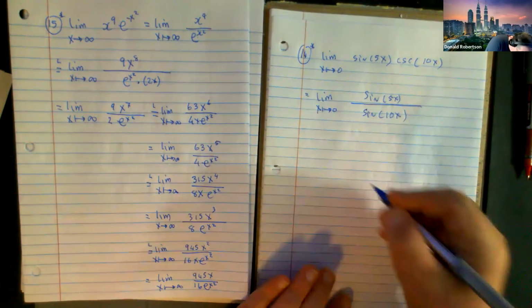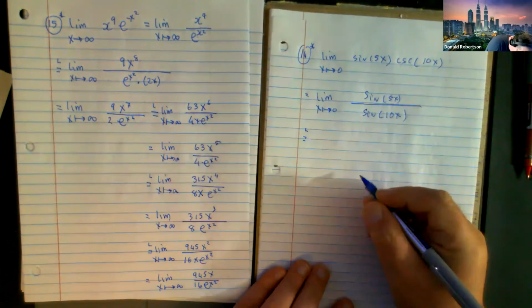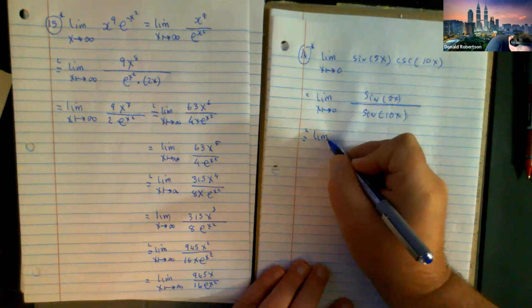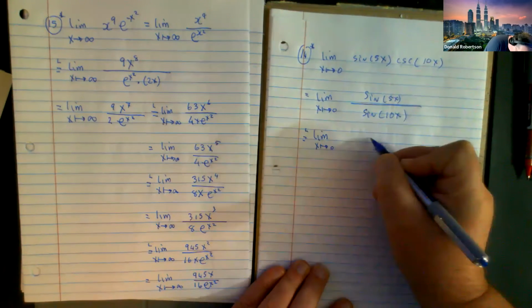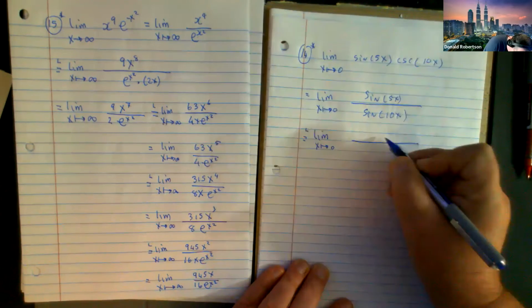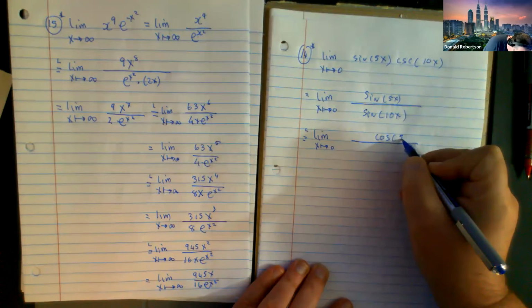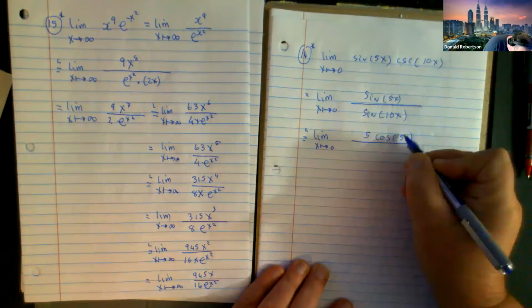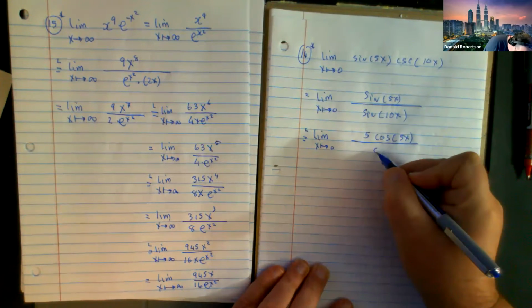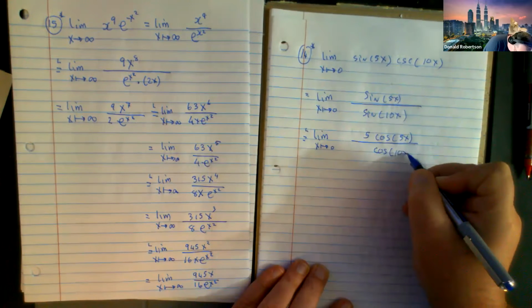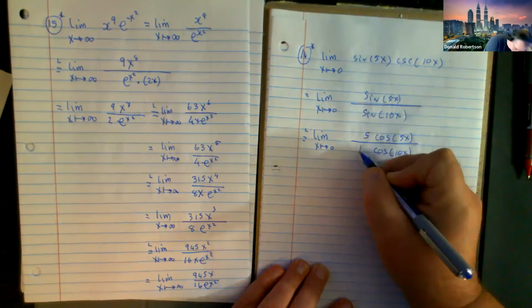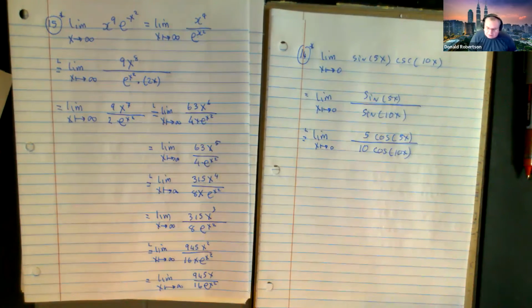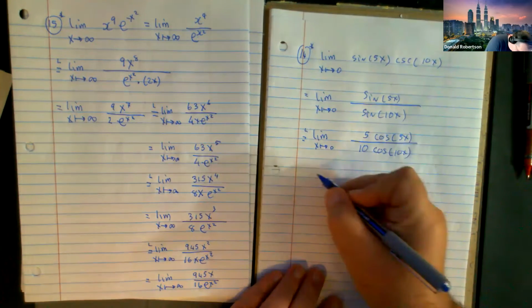Actually, this one's going to finish pretty quickly. If I now do L'Hopital on it, if you differentiate the sine of 5x, you get the cosine of 5x times 5. And if you do the derivative of sine 10x, you get the cosine of 10x times the derivative of 10x, which is 10. You can now plug in 0.